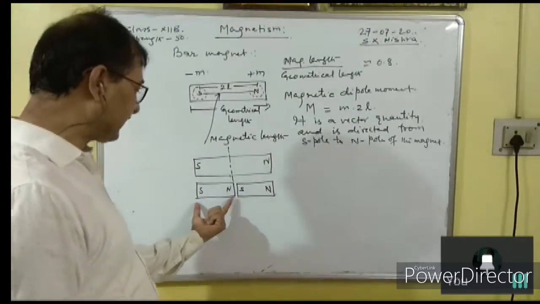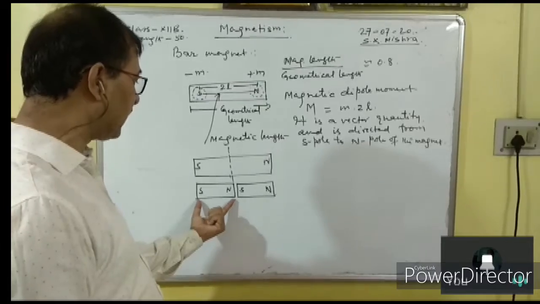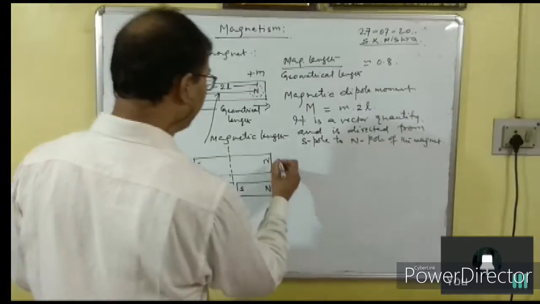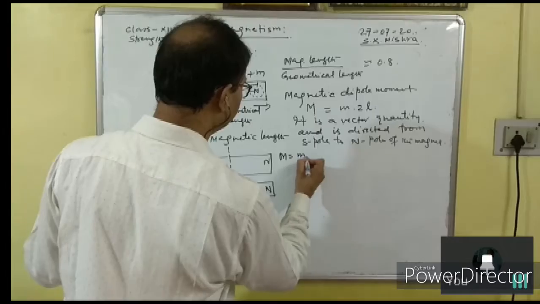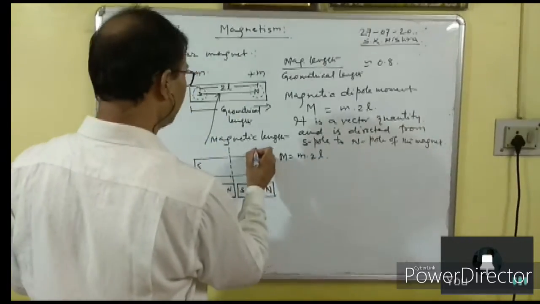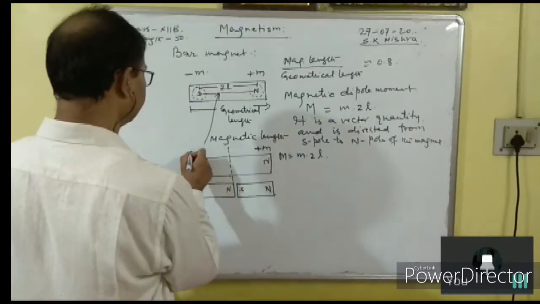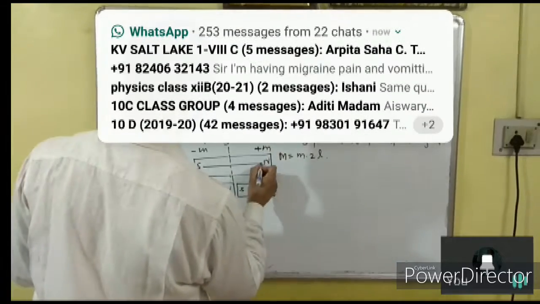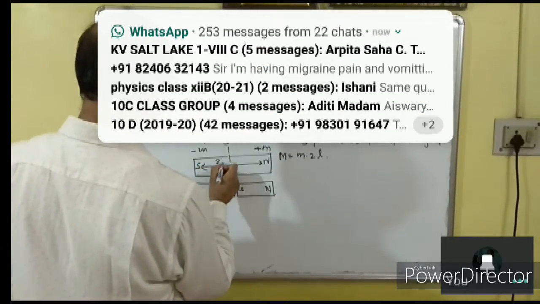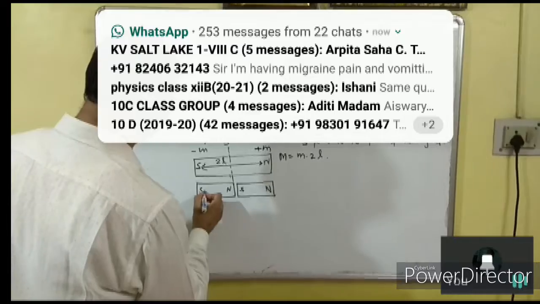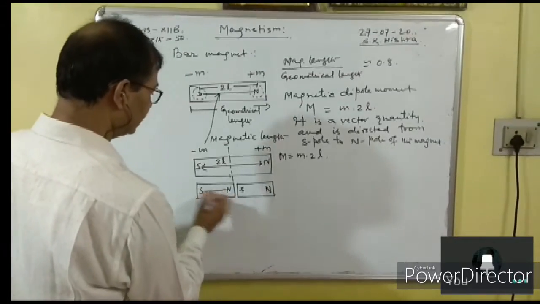Then here the pole strength will not change. Pole strength will remain the same. Earlier this was north, south; now a north pole will develop here and a south pole will develop here.